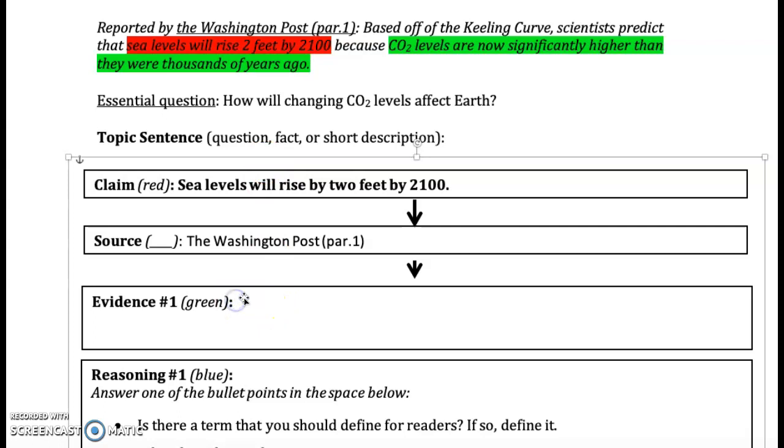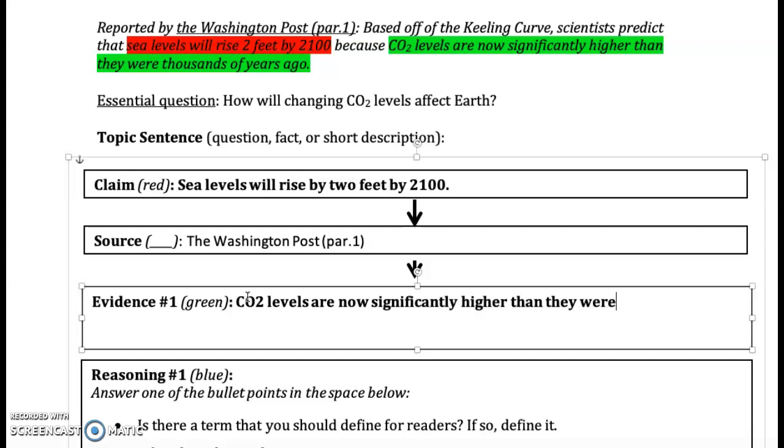So I'm going to go ahead and type that out. CO2 levels are now significantly higher than they were thousands of years ago. Okay.